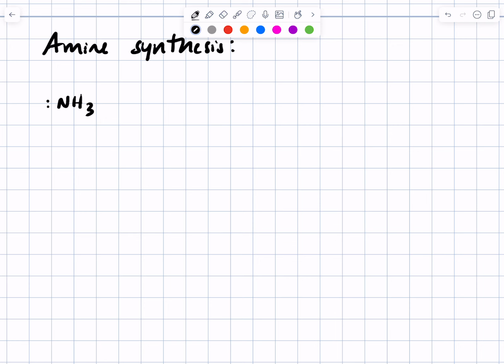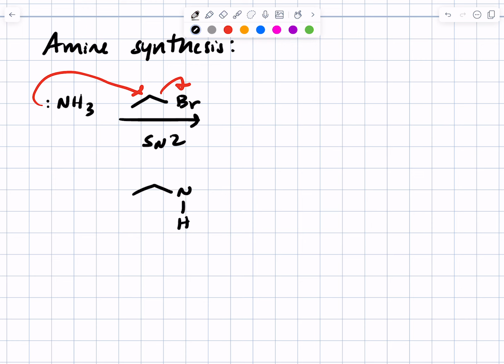Why don't we just start with ammonia and do the SN2 reaction where nitrogen attacks the carbon that has the bromine, bromine leaves. You get an intermediate that looks like this, that's positively charged, and then Br minus removes one of the protons, and then you end up with this alkylamine.